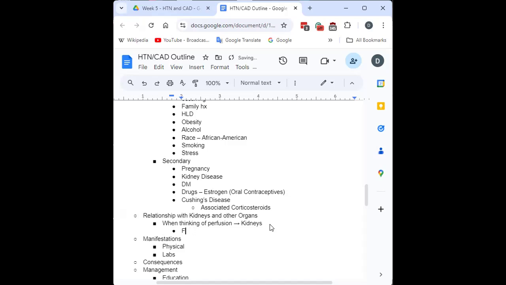Kidneys struggle, so they release RAS, and that leads to overload because the mom, aka the heart, is being overloaded with all this stuff going on at once. When the heart is struggling and the perfusion is struggling, your kidneys are struggling. Does that analogy help at all? Did I make it more confusing?